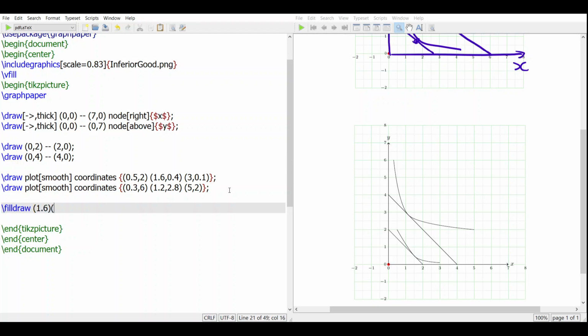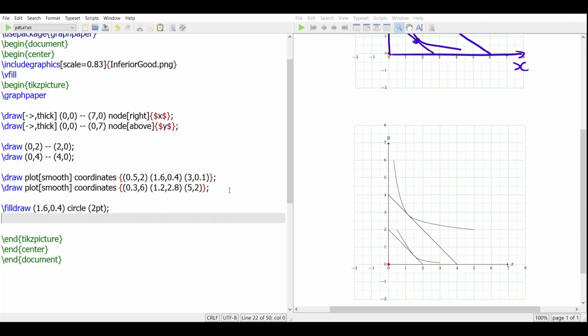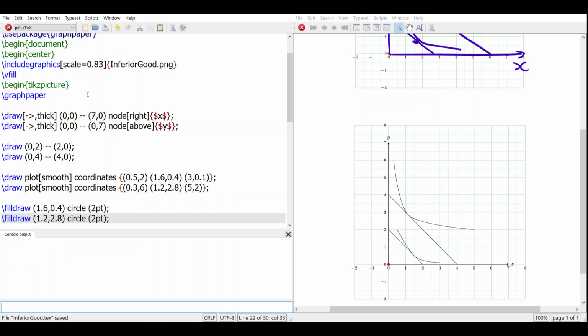And finally we have to draw the points, okay, at 1.6 and 0.4, and we make a circle of 2 points, and also we do the same for the upper bundle, and let's see if this is going to be a nice one.